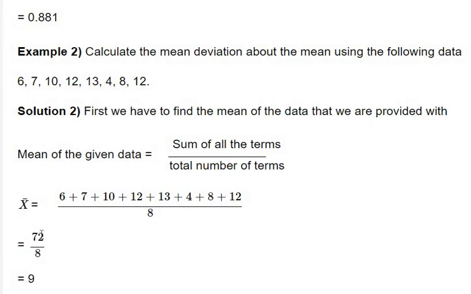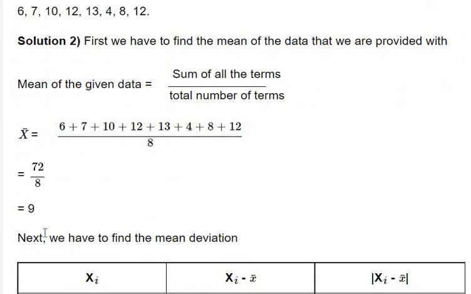When we added the values, sigma x, we got 72. Then we divided it with n. So 72 by 8, we got 9. So what is the x bar of this data series? The x bar of this data series is 9.